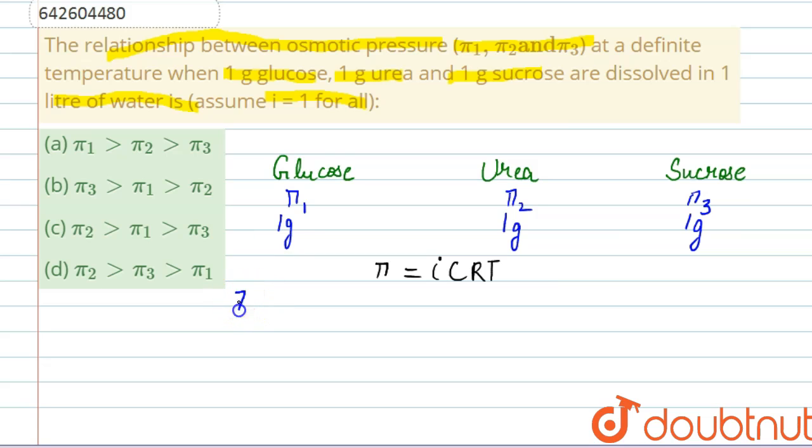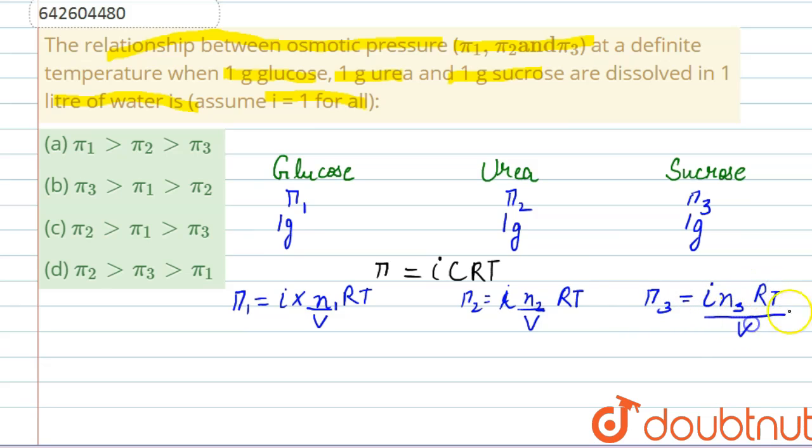So pi 1 will be equal to i into C. We will write concentration as number of moles by volume, that is the formula for molarity, so C into R into T. In case of pi 2 it will be i into N2 by V RT, and pi 3 will be i into N3 RT by V.